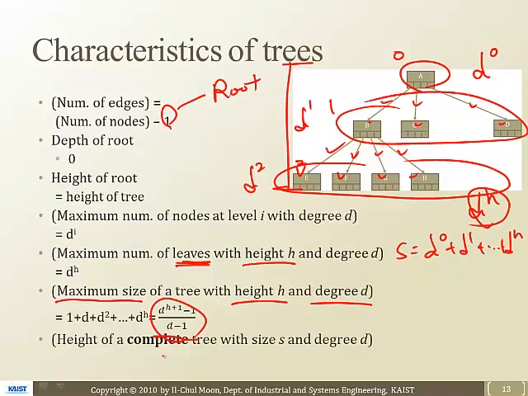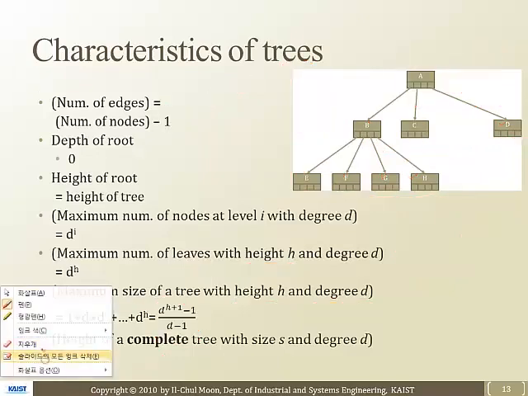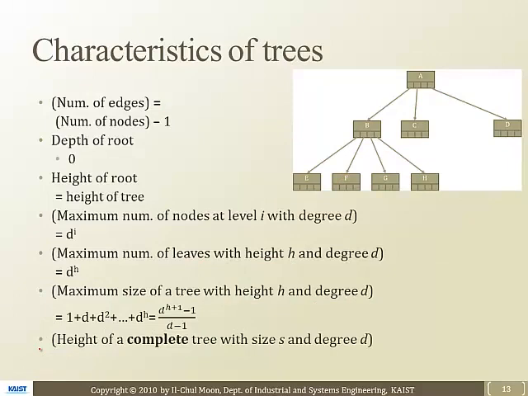Having said that, I'm going to clean this up, right? The height of a complete tree with size S and degree D. How can you find out? Right. It's a complete tree, so it's not a full tree, so it's not the maximum number.